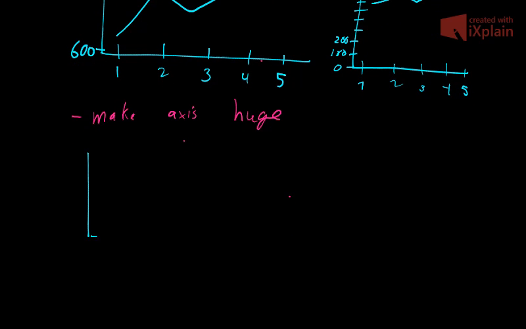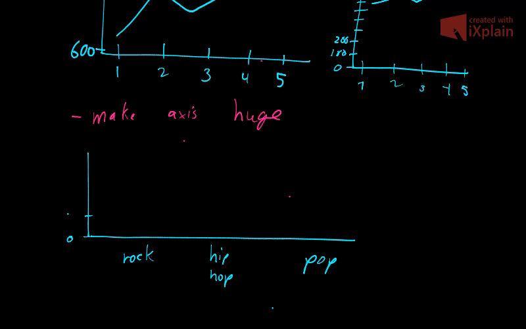So over on the bottom here, I'll say like rock, that's mine, hip hop, let's do pop music just for fun. And then over on this side, I'll start at 0, do 500, 1000, 1500. And I'm going to draw all of these in.